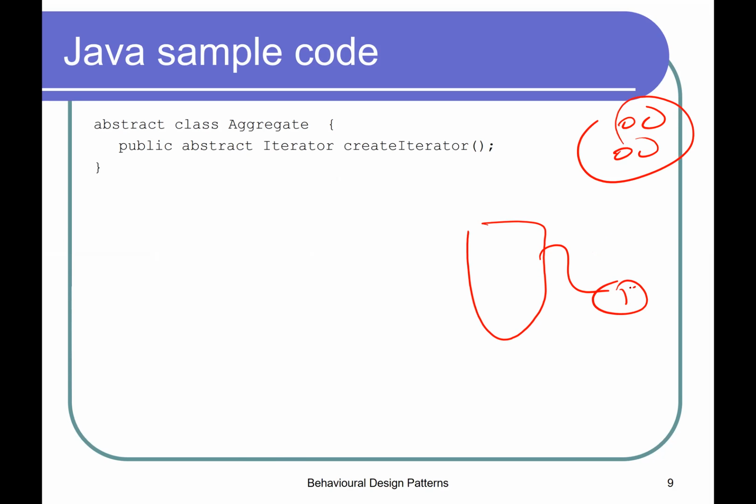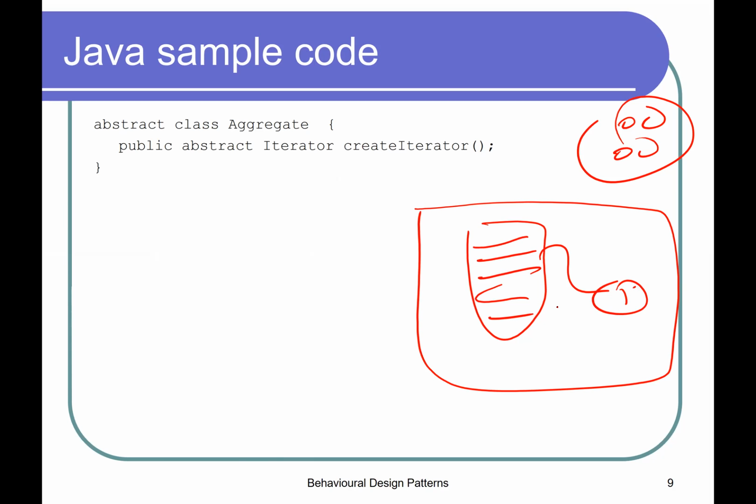By the way, the reason the for loops always say for i equals 0 and so on, that letter i actually comes from the word iterator. It's not a coincidence. So this comes as one set, the aggregate along with its iterator.